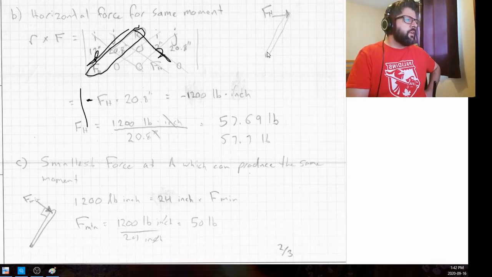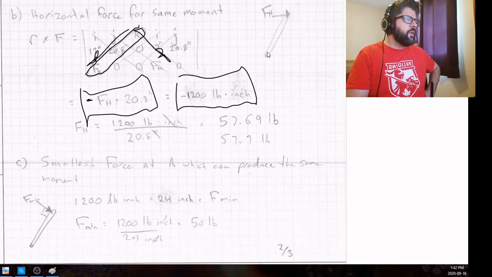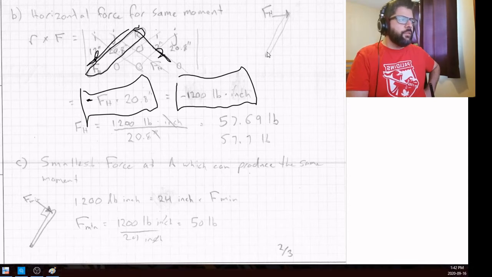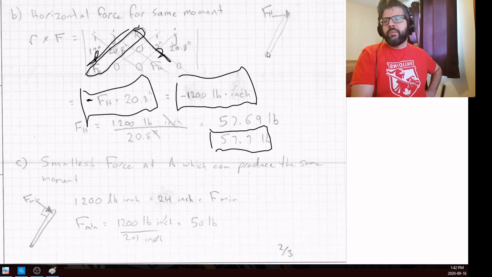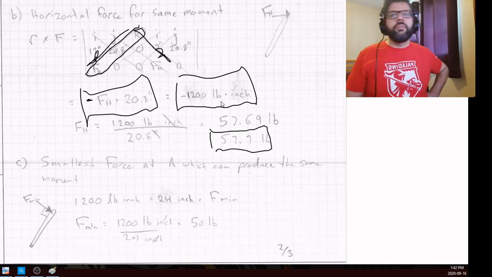So take that value, equate it to the value we previously found, and then just solve for FH, making sure that we're canceling out our units. That's why I use the pound-inch one instead of the pound-foot one. Our inches cancel out, and we end up getting 57.7 pounds once we round to a reasonable number of significant digits.